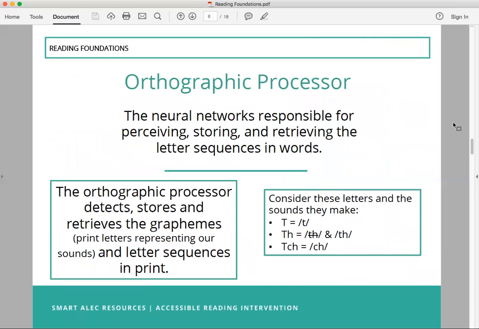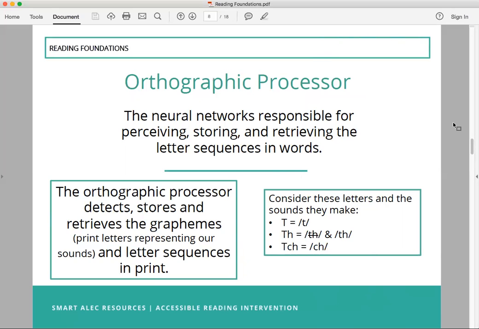So orthographic processor, again, this is the neural network responsible for perceiving, so seeing, holding on to, remembering letter sequences in words. So this is important because it's going to take the actual letters that we see, the very specific letter, and make sure that we have those in the sequence that we want them to be.